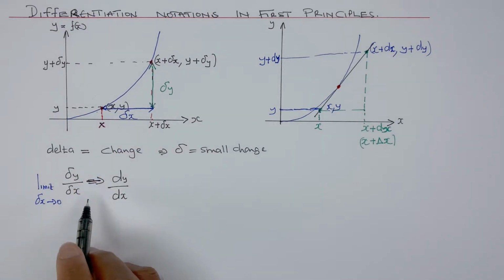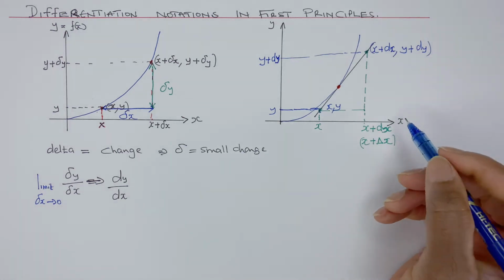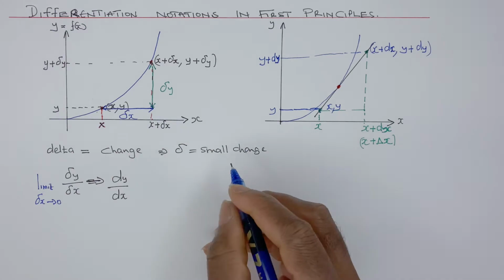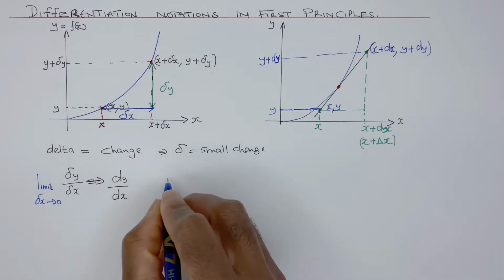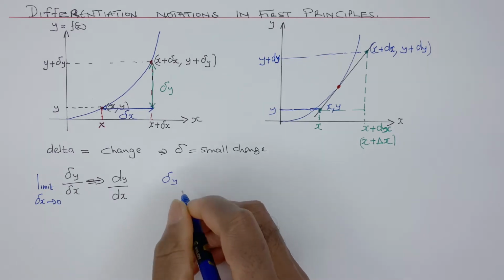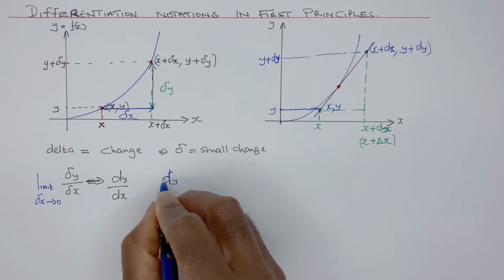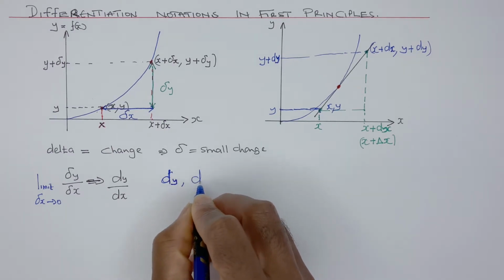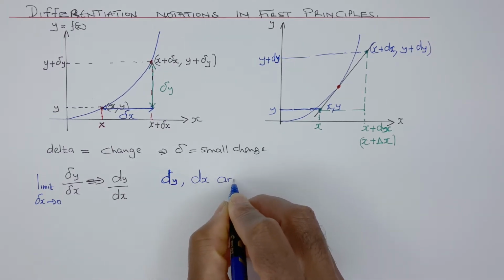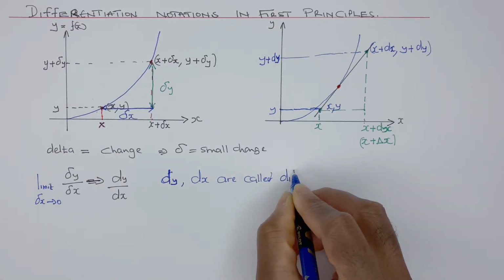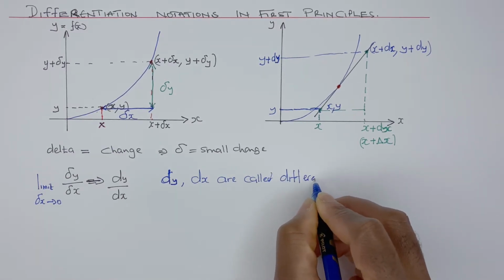And that's what the limit implies. So these are called differentials. Dy and dx are called differentials.